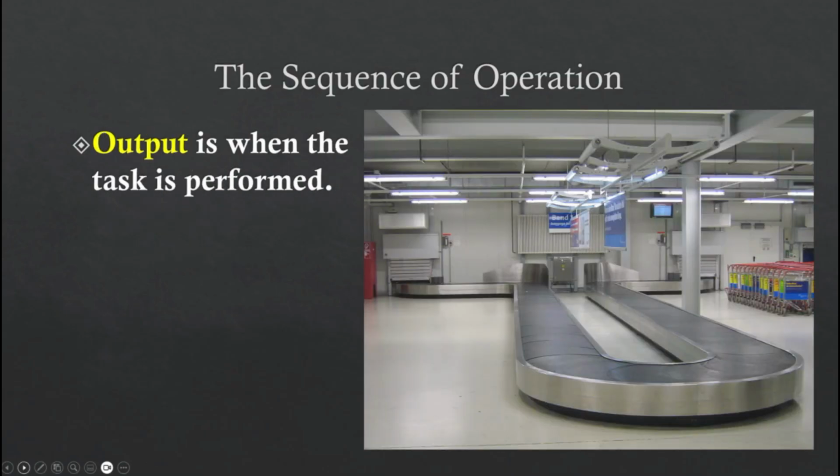And the output is when the task is actually performed. In the example here, somebody hits a button and that begins the operation of that conveyor belt, like in an airport, and luggage is thrown on it, keeps it moving until somebody hits a stop button and that conveyor belt stops.